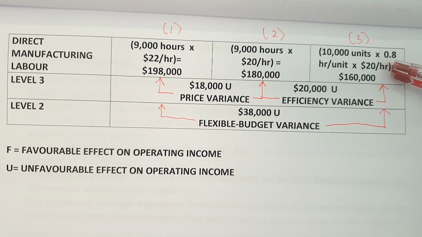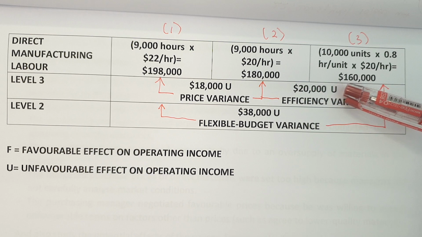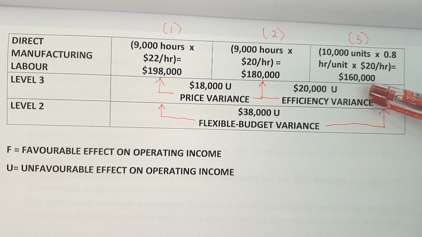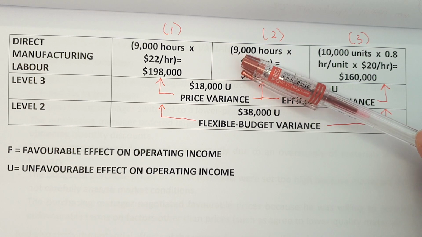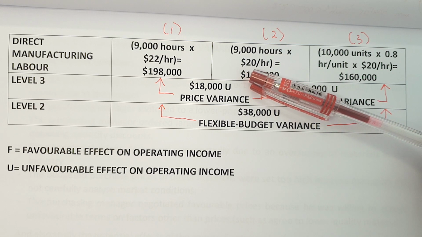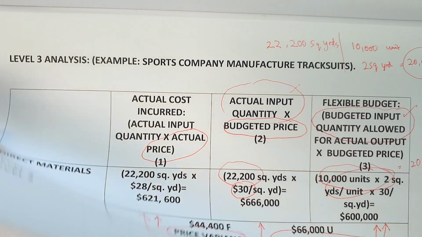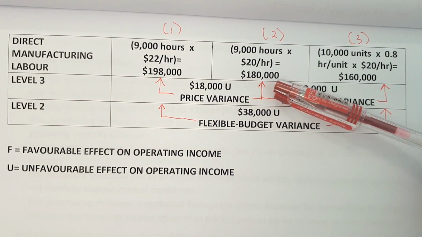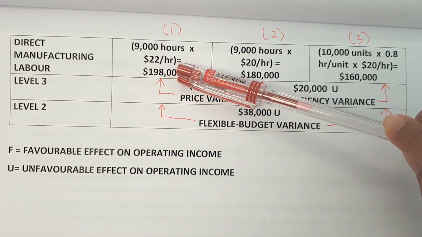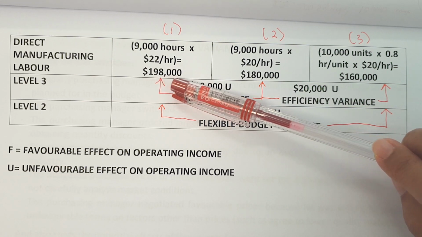So we budgeted 10,000 units times 0.8 hours times the budgeted price of 20 ringgit per hour, and we get the figure 160,000 here. The 9,000 hours is the actual quantity of labor that we use times 20 ringgit per hour, the budgeted price. We get here 180,000, and column 1, the actual quantity of input times the actual price of 22, gives us 198,000.